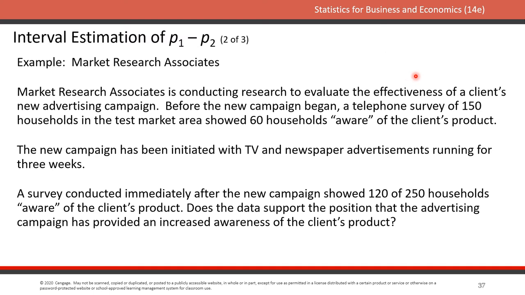If I put the first one as P1 and the second one as P2, then I'd be looking for negative numbers. Typically, I prefer positive numbers to indicate the direction I'm interested in, but you really can do it either way. Just track what order you're doing it in and what that means. Because I want increased awareness, I want the afterwards number to be bigger than the before number.